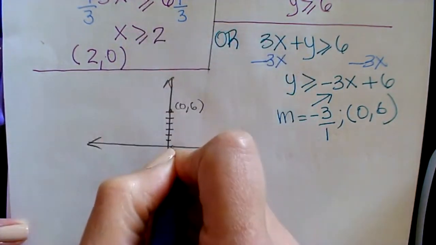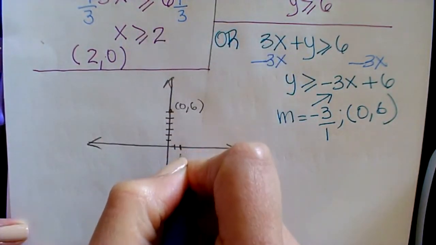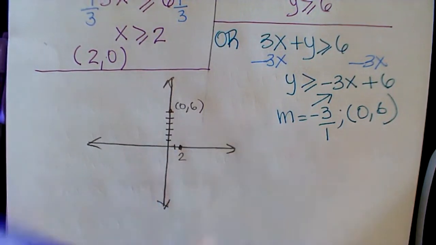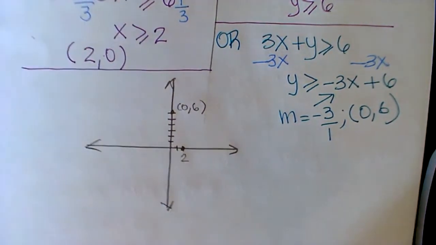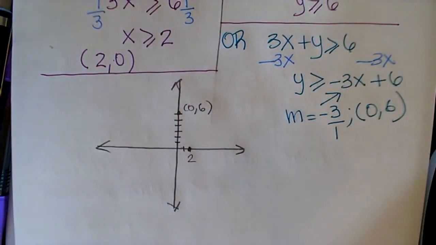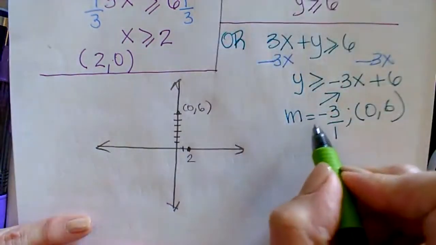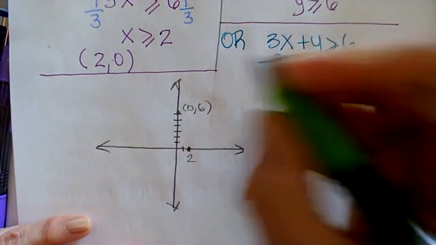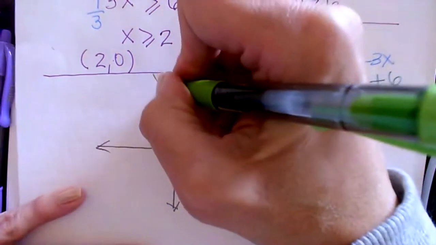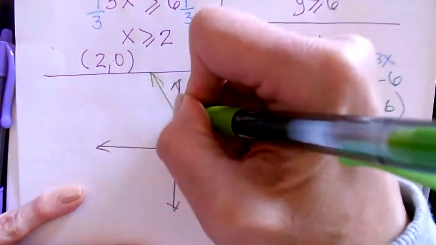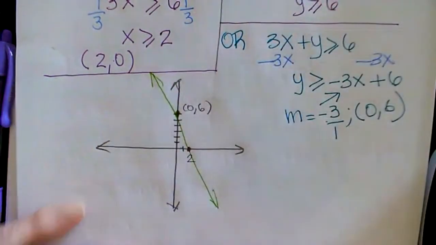And we have a 1 and 2. So my line is going to be, again, we know the slope is negative. Okay, that's 6.